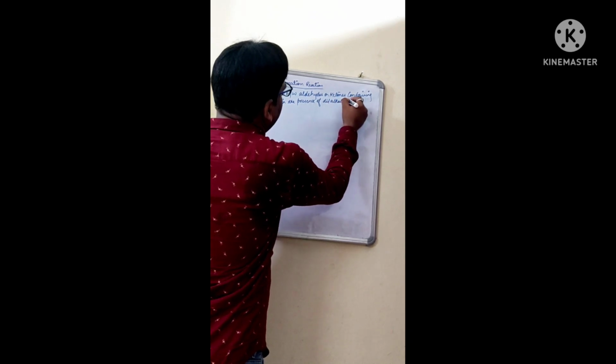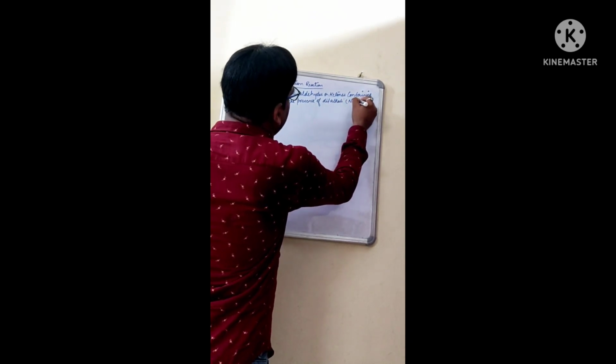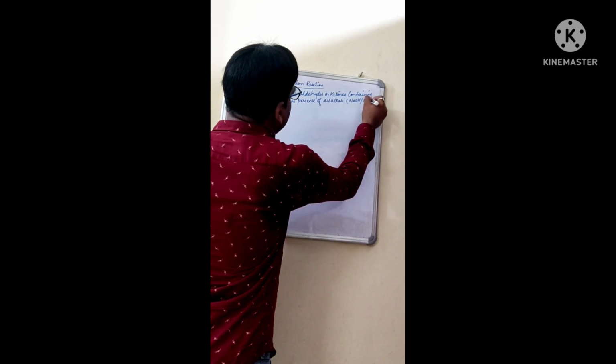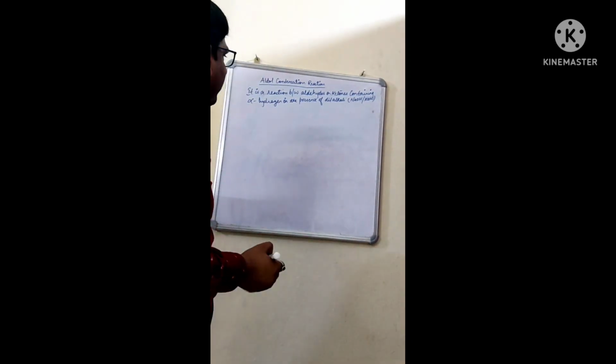Now here I am writing dilute alkali. You can take NaOH, you can take KOH, whatever you want to take, right?